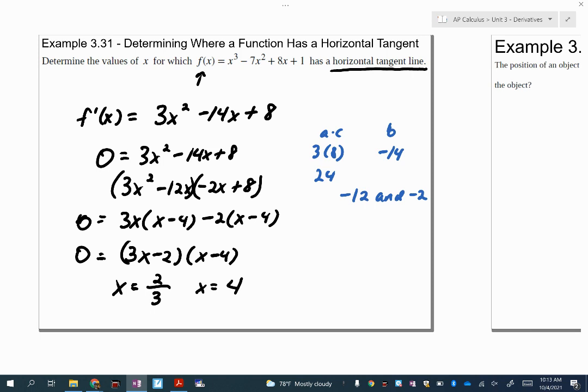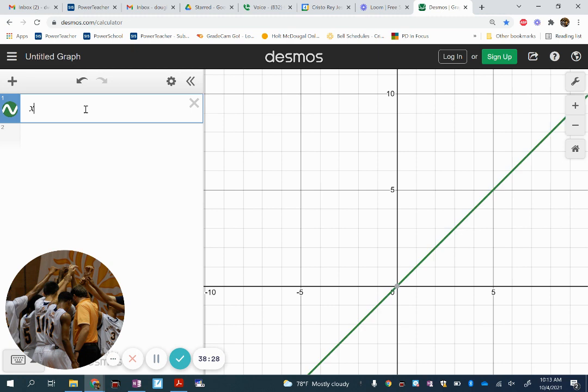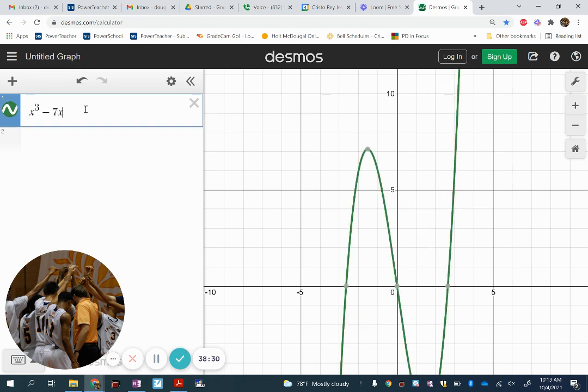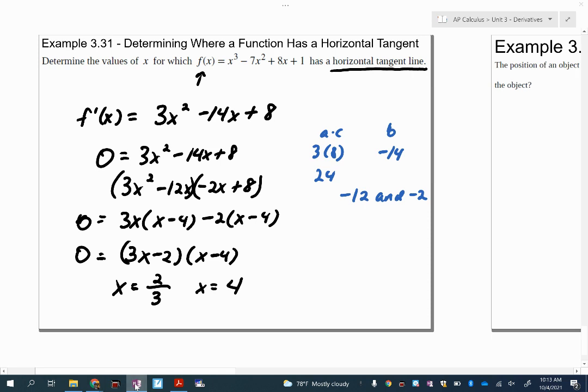So let me show you on Desmos. So hopefully this will help your brain understand kind of what I just did there. Almost done, so close. So we have x cubed minus 7x squared plus 8x plus 1.